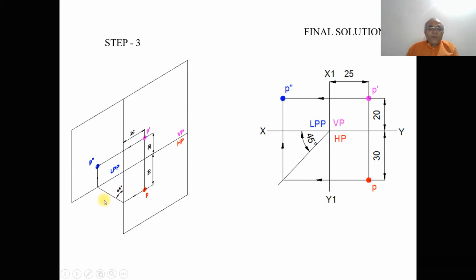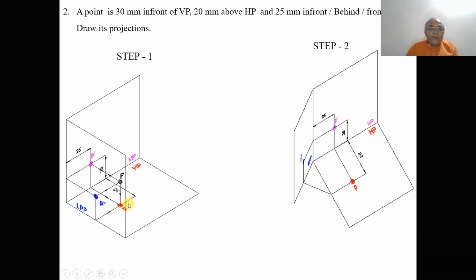So when you look from the profile view, I can see the distance of the front view as well as the distance of the top view. The distance above HP is seen vertical here also, and the distance with respect to the VP, which is vertical in the top view, becomes horizontal in the profile view.